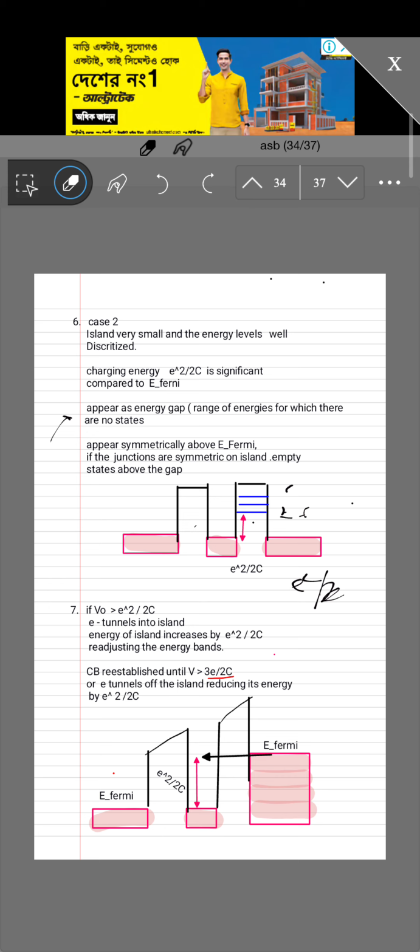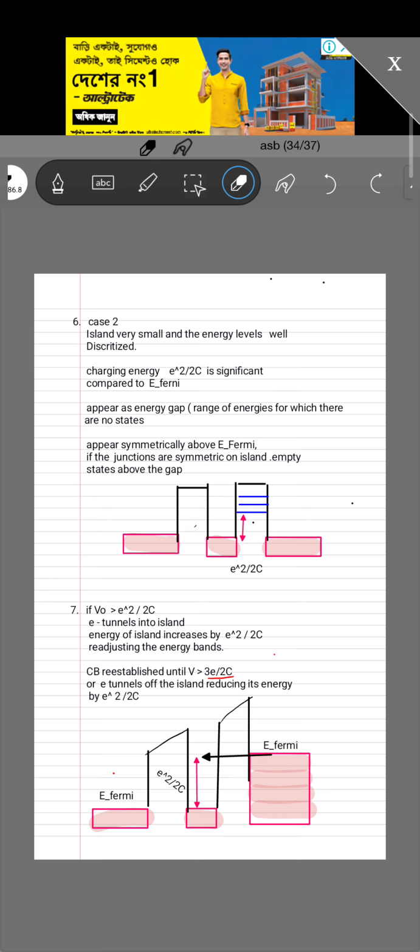Now, at this point of time, when the size is small and a certain amount of discretization has taken place, we apply a voltage which is more than the bound voltage or the bound energy level.